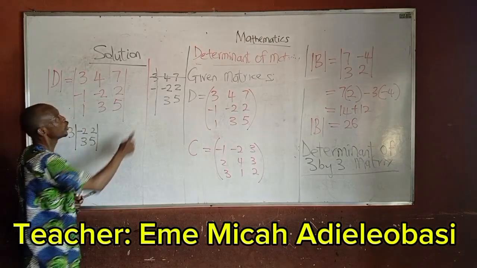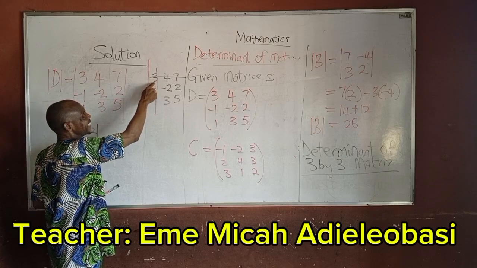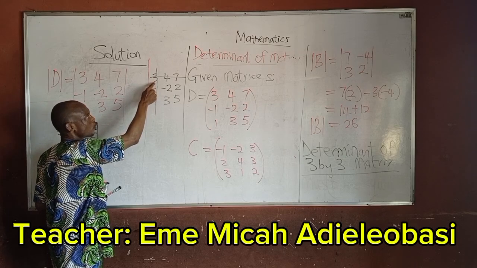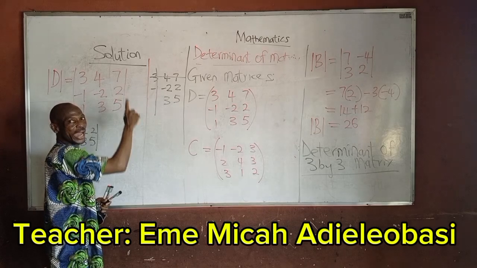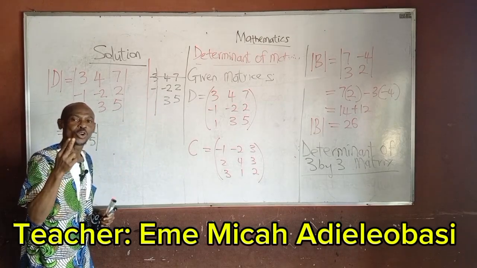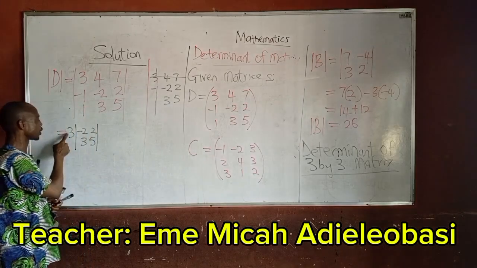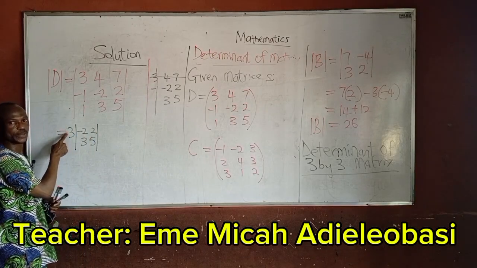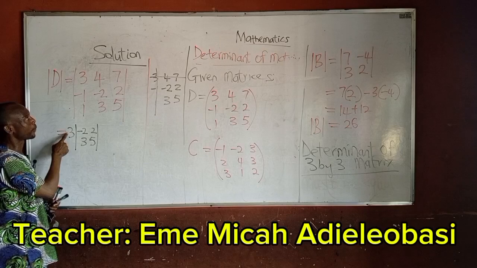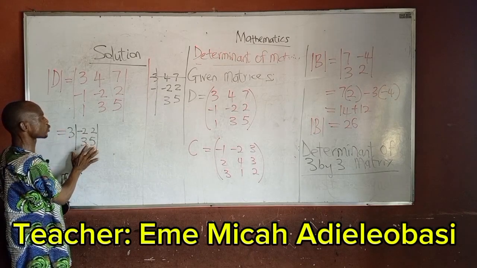For example, the first one, where this intersects, is the first row, first column, 1, 1. So 1 plus 1 gives us 2, and 2 is an even number, so it is a positive value in front of it. We get that? This is what we have.